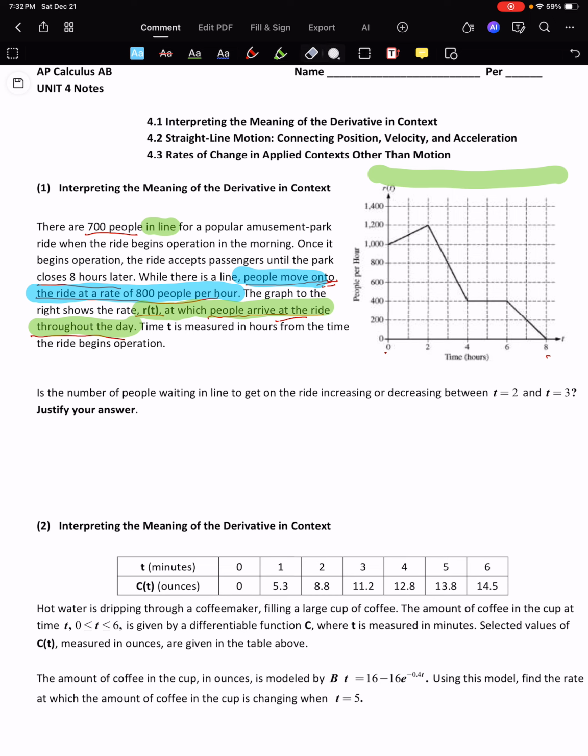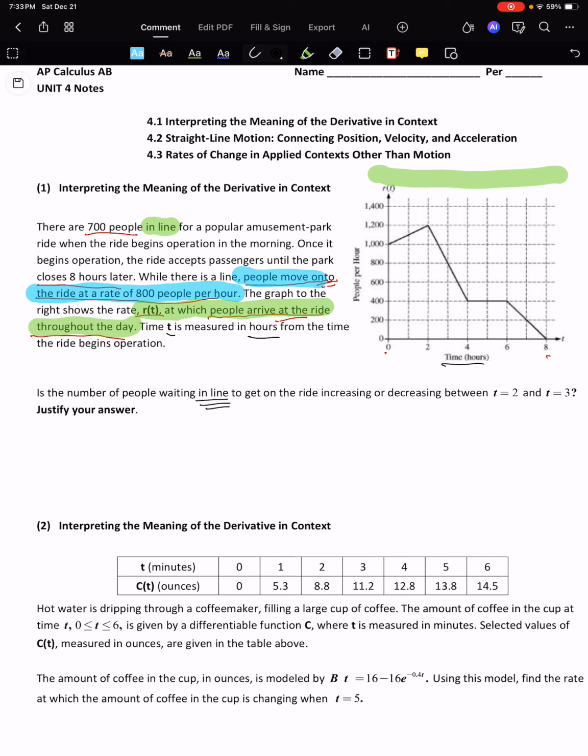So now that we have that information broken down, let's see what the question is asking us. And of course, time is measured in hours. The question asks whether the number of people waiting in line is increasing or decreasing. So they're asking about waiting in line to get on the ride. Look at how they try to trick us with wording. They're not asking whether the number of people getting on the ride is increasing or decreasing.